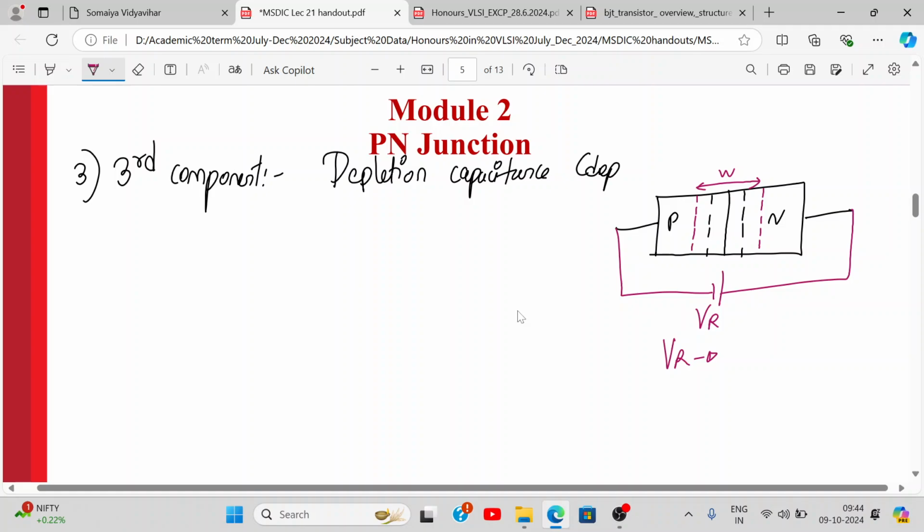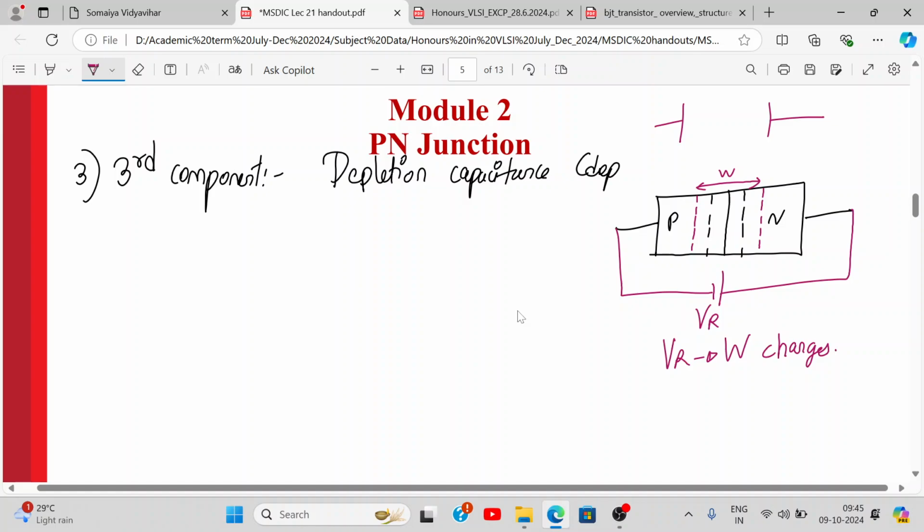Now they become immobile. So what happens is this acts as a capacitor. This is one plate, this is the second plate. In between we have the depletion layer. So what is changing? The width of the depletion layer is changing. So the distance between the two parallel plates is changing. Are you getting it? That is the origin of depletion capacitance. Got it? So V_R changes, W changes. As the reverse bias voltage increases, more such charges are uncovered.